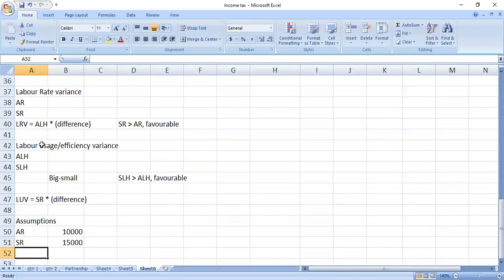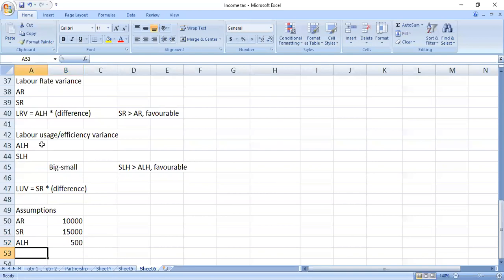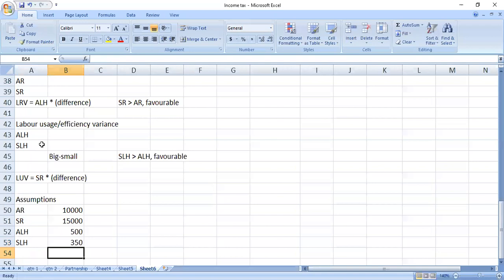Then assuming that your actual labor hours, now I'm going to make a difference just for understanding, let's say 500 hours. Then for standard labor hours, we shall put 350.